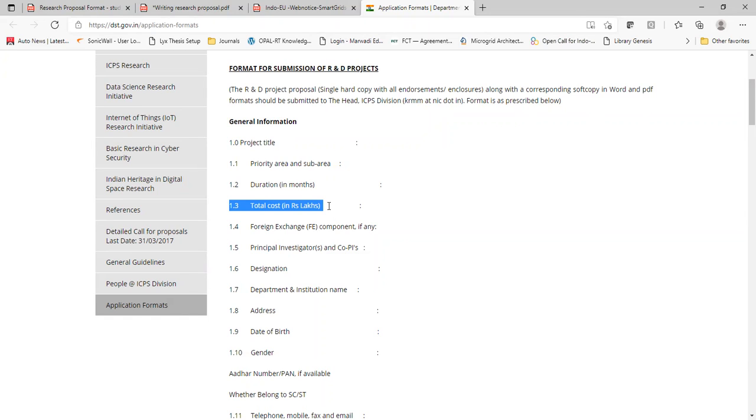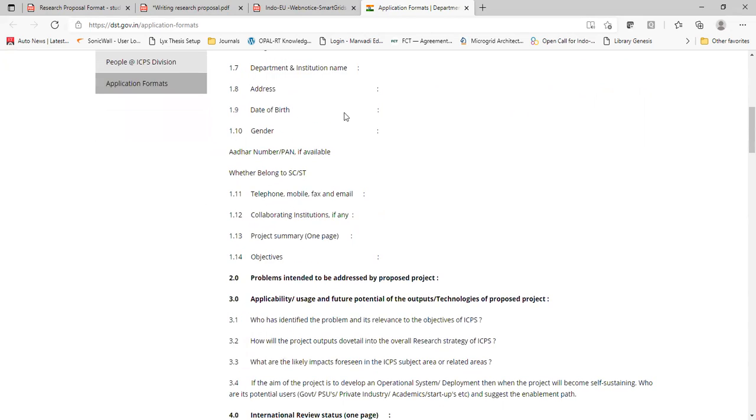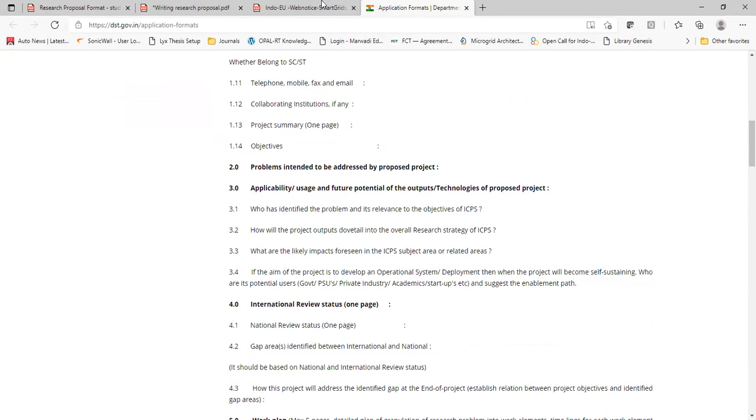For example, I say that the total cost will be 60 lakh rupees, 6 million rupees. Then you mention what will be the foreign exchange component. How many things you are going to buy in foreign exchange, that means in euro or in dollars. Now this is actually generalized information.